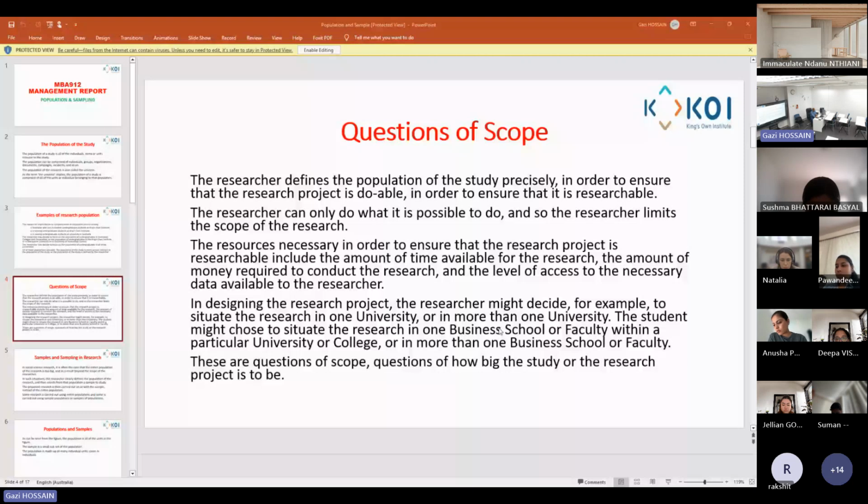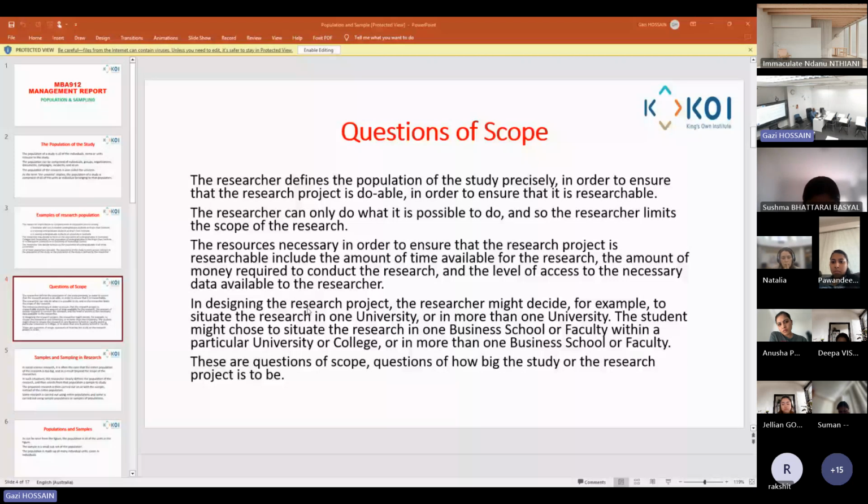The student might choose to situate the research in one business school or faculty within a particular university or college, or in more than one business school or faculty. So specifically for student research, not so much academic research, probably one university or a few business colleges or schools can be viable, researchable, or doable.